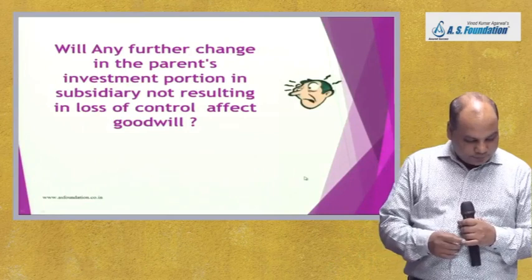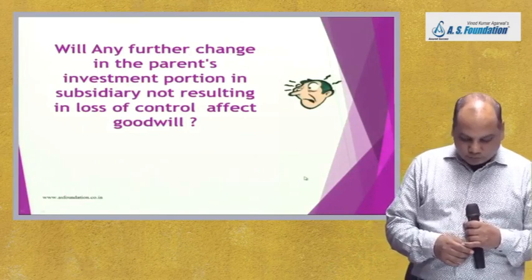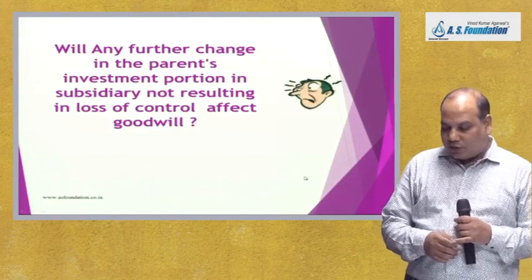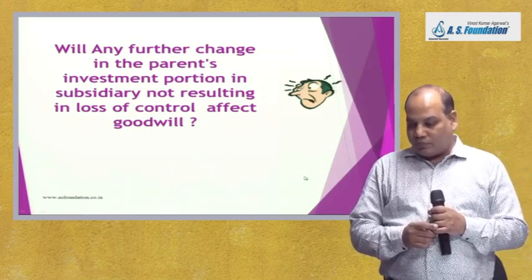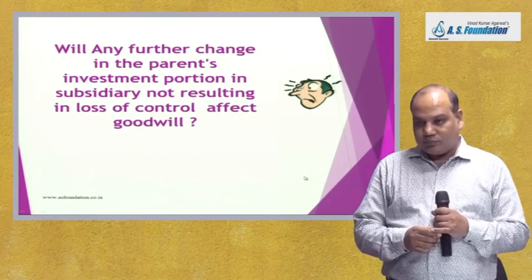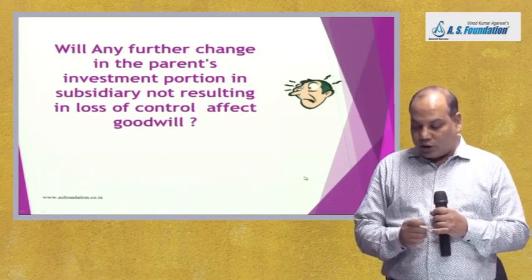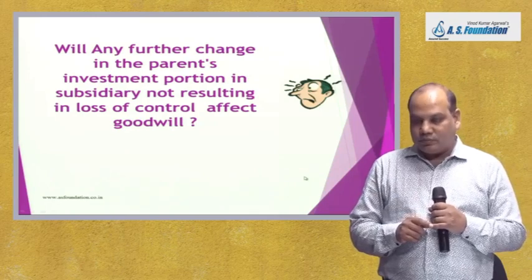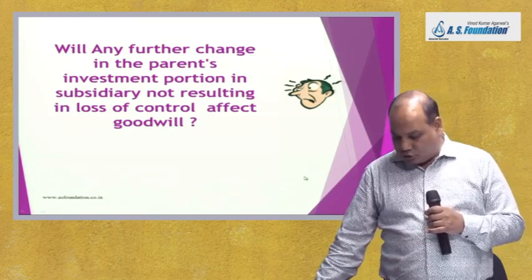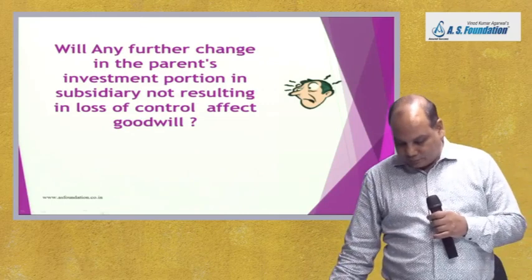Next paragraph is, will any further change in the parent's investment portion in subsidiary but not resulting into loss of control affect the goodwill? What do you mean by this paragraph?